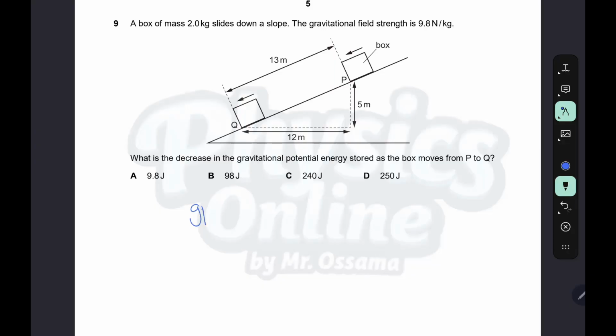Change in gravitational potential energy equals mg delta h. m, the mass of the box, is 2 kilograms, times the gravitational field strength 9.8, times the change in height. We talk about the vertical height only, which is 5. So the answer is 98 joules.